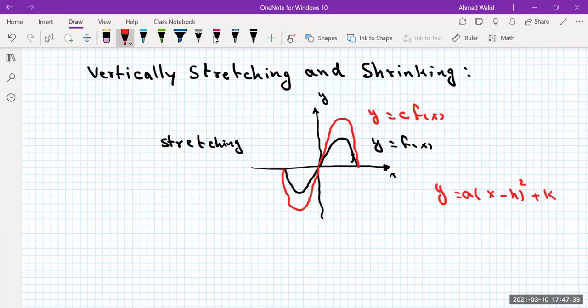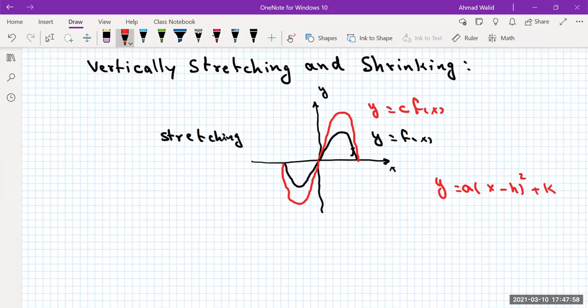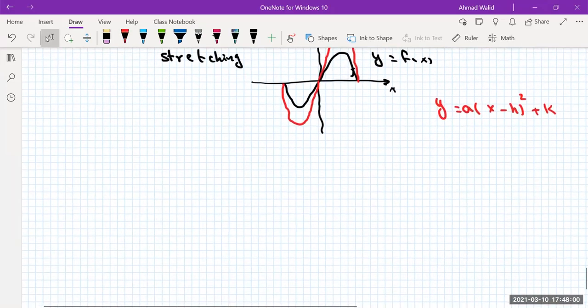At that time, we would use this word, opens narrow. It means the graph is stretching vertically, and if a is negative, the graph opens wider, they told you at that time, which I'll show you here. That one will be stretching, correct? Or shrinking.